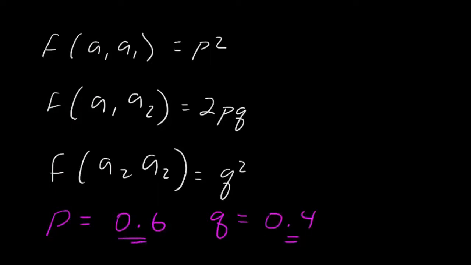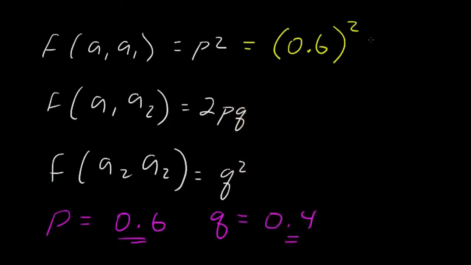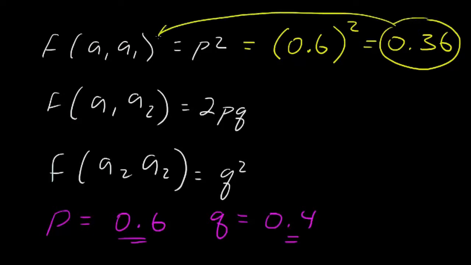If we want to estimate the frequency of A1A1, we simply multiply P, 0.6 times 0.6, or 0.6 squared, which gives us 0.36. So 36% of our population we would expect to carry this genotype, A1A1, they're homozygous.